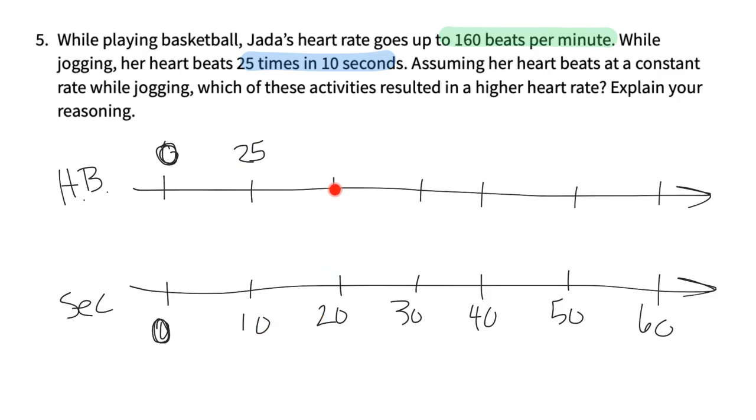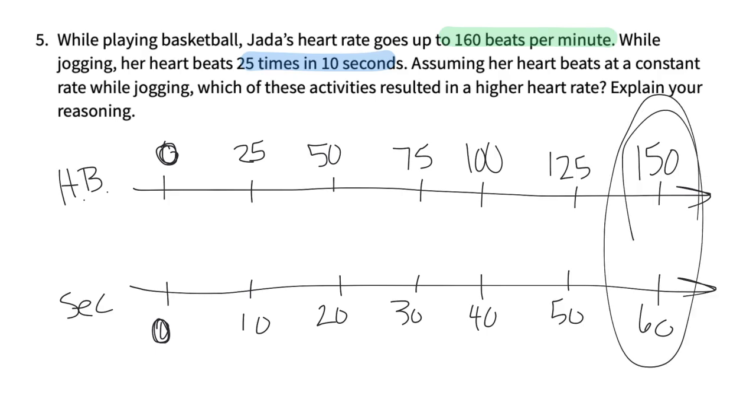So if you have another 10 seconds pass by, that means our heartbeats are going to be 50, then 75, then 100, then 125, then 150. So there's our 150 heartbeats in one minute. Oopsies. And there we go, in 1 minute right there.